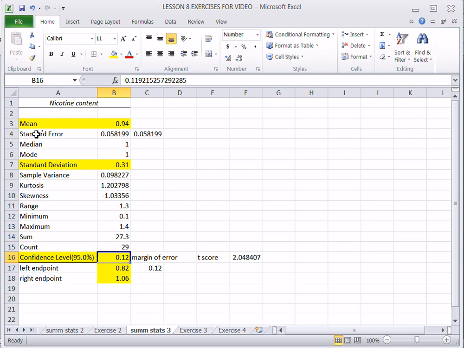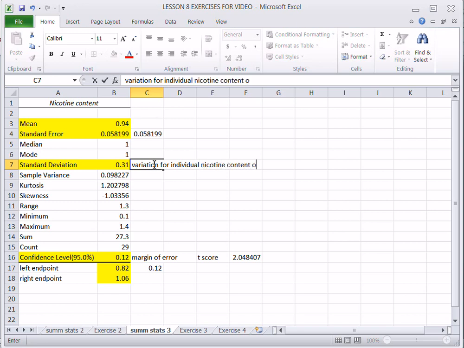All right, so the difference between the standard error and the standard deviation is that the standard deviation is a variation for individual cigarette nicotine content, whereas the standard error is a variation for average nicotine content of cigarettes.